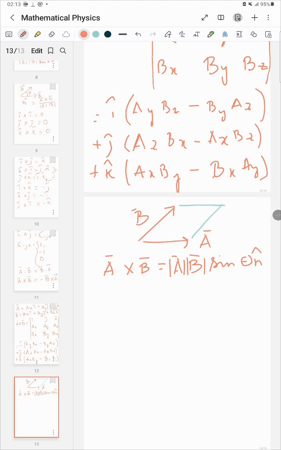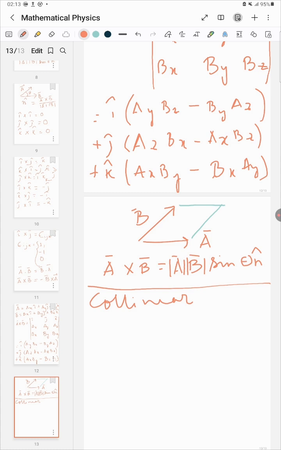Now coming to the next important topic, collinear vectors. What are collinear vectors? Collinear, as the name suggests, means something which lies in the same line.